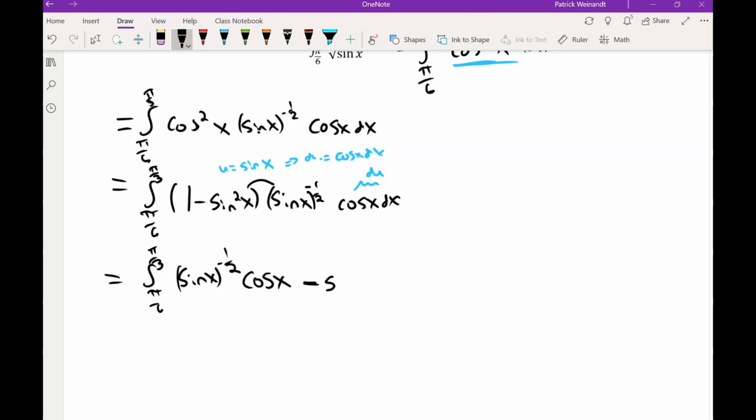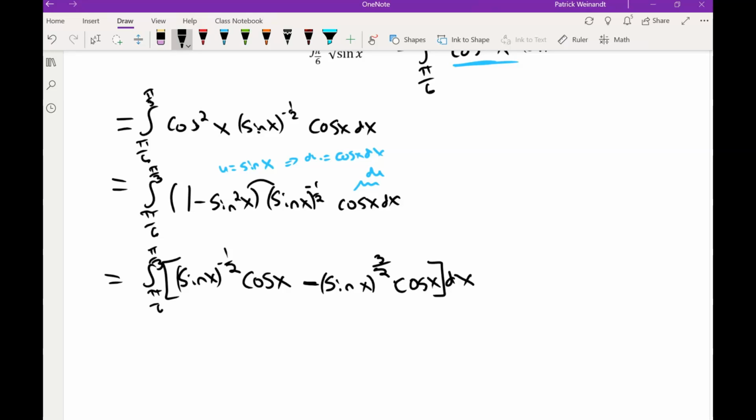That's going to be minus sine of x to the positive 3/2, times cosine of x dx. Okay. And I'm actually going to use brackets to make it a little bit more clear here.